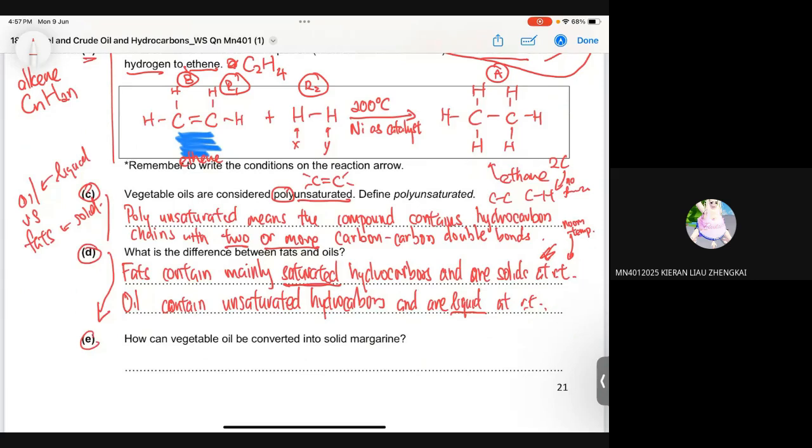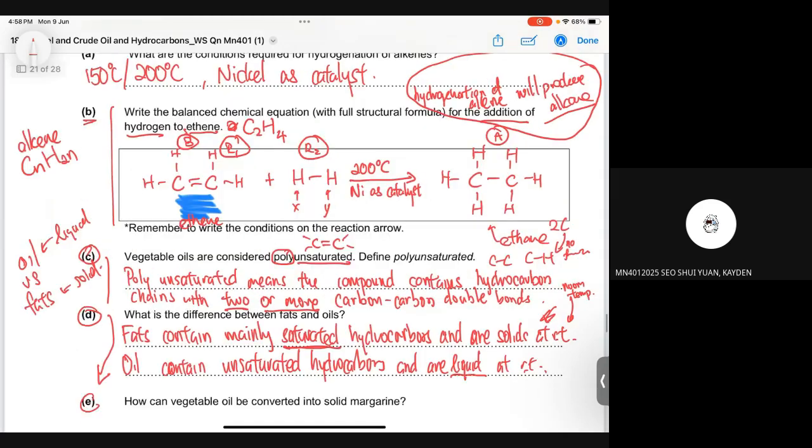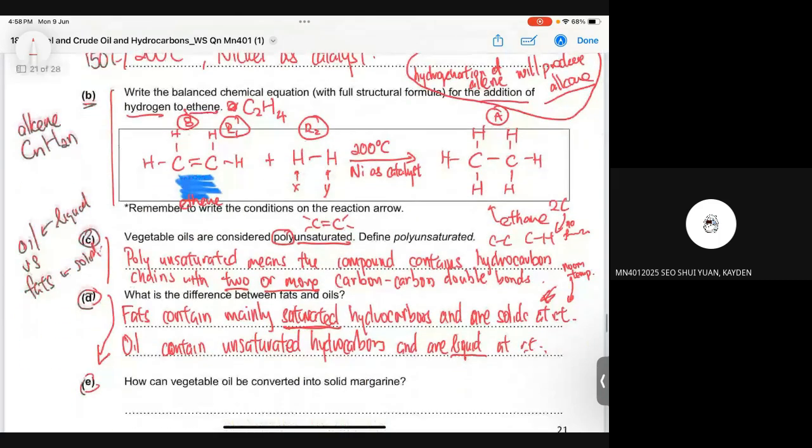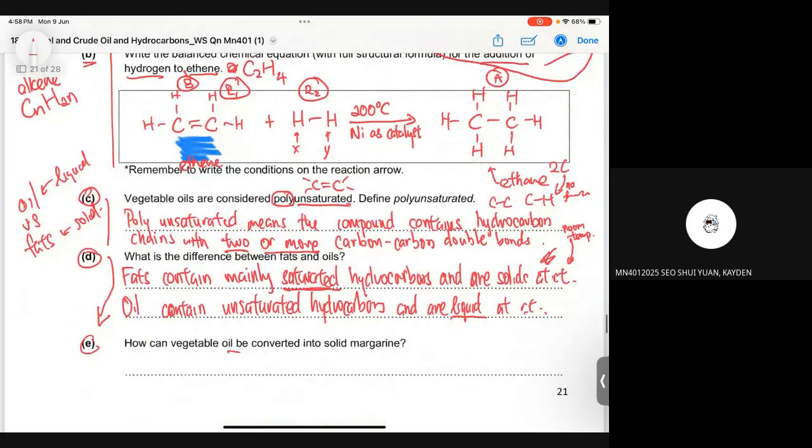What is the whole process that we've been talking about? Hydrogenation. So how can it be converted? The process is called hydrogenation.